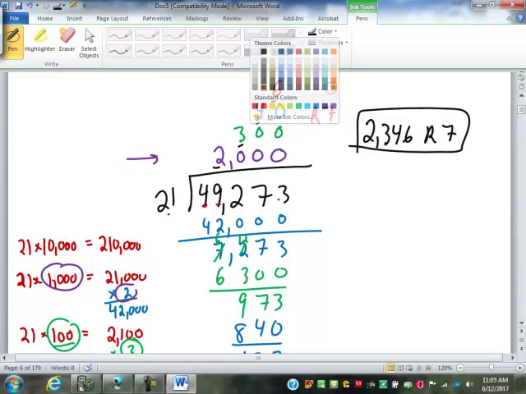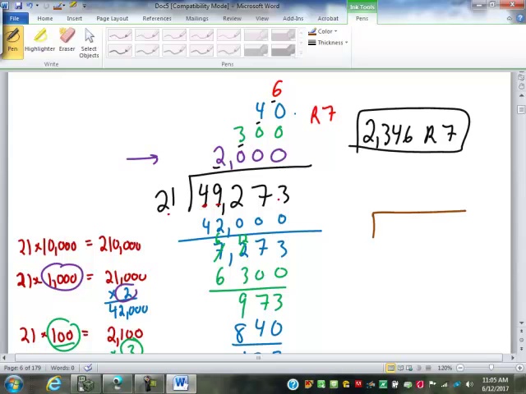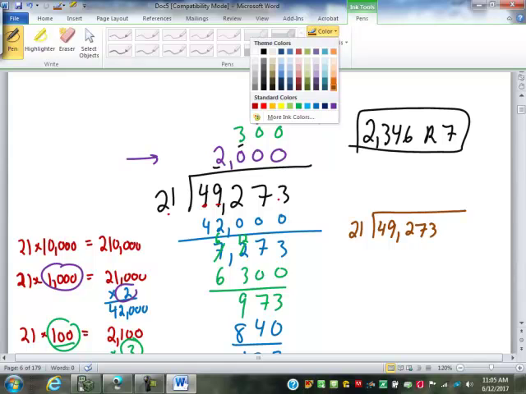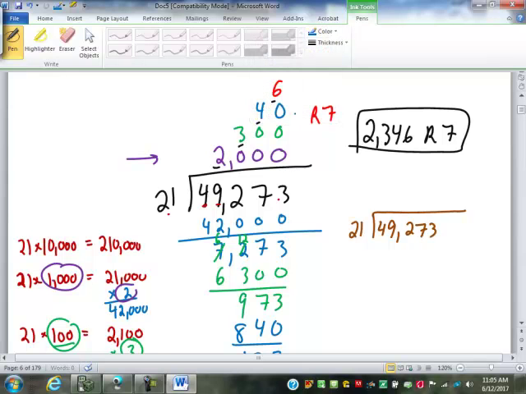You might be thinking, that looks nothing like what I was taught. But it really is. It's exactly what you were taught. We were just taught a lot of shortcuts. What we were taught is this. 21 does not go into 4, so we leave that blank above the 4. That's exactly what we did here. We tried 21 10,000 times. It was too big.